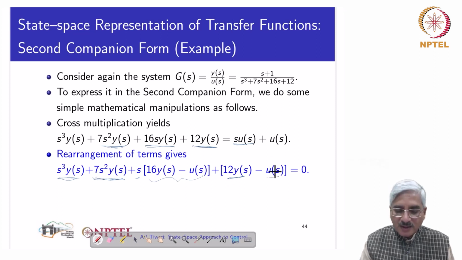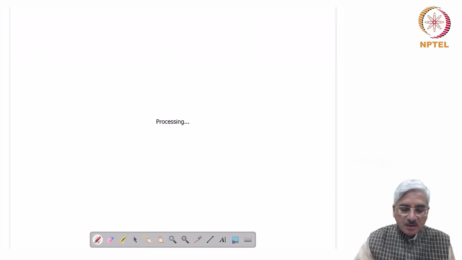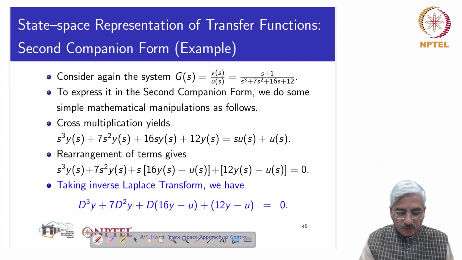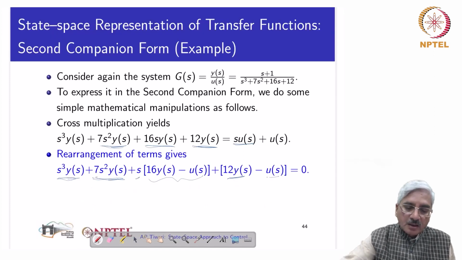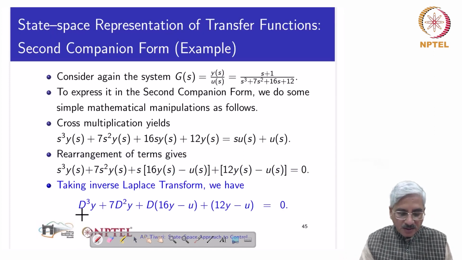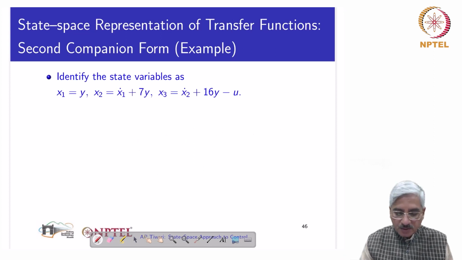And now we identify the state variables. Before identifying the state variables, we take the inverse Laplace of this. So s cube Y gives d cube y, s square Y gives d square y, with the 7 here, and d of 16y minus u, and this term as it is. Now we identify the state variables.